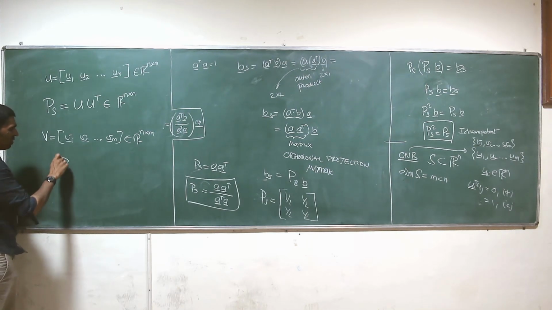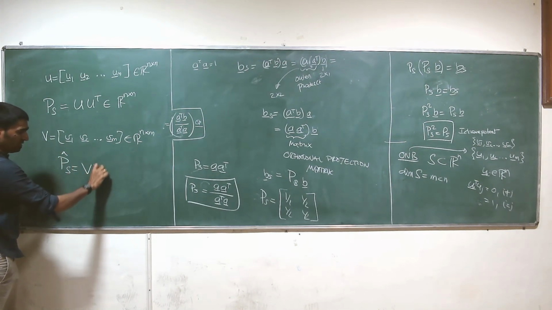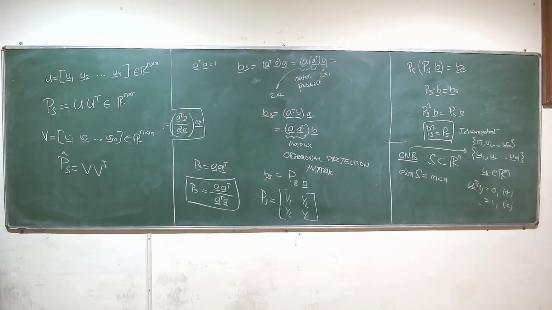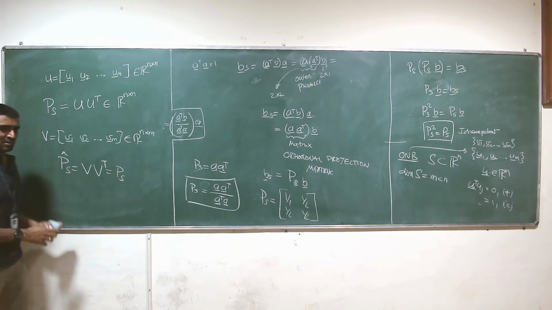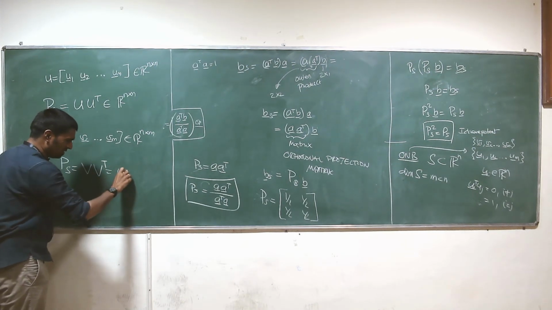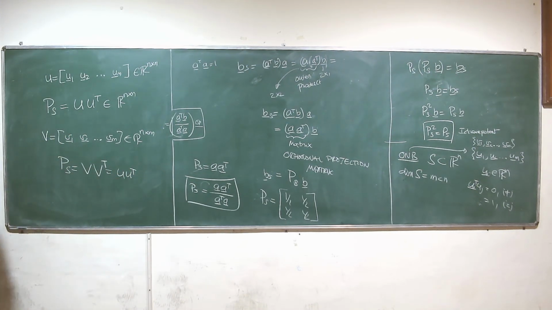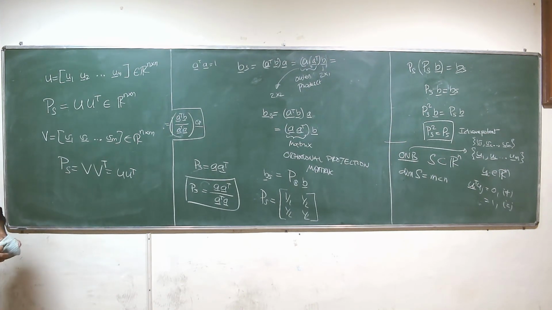Now I can ask, maybe I get a different projection matrix now, PS. It turns out this will be exactly equal to PS. In fact, V V transpose will be equal to U U transpose. That's kind of incredible: as long as the subspace is fixed, it doesn't matter what orthonormal basis you choose from the subspace, you will always get the same orthogonal projection matrix.